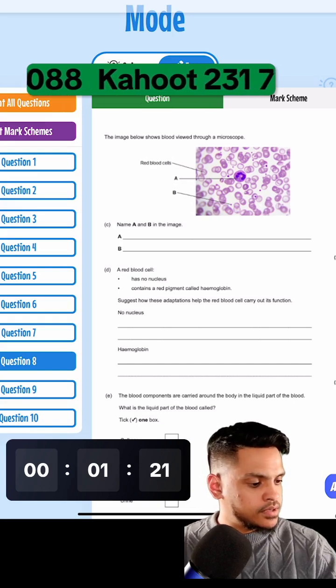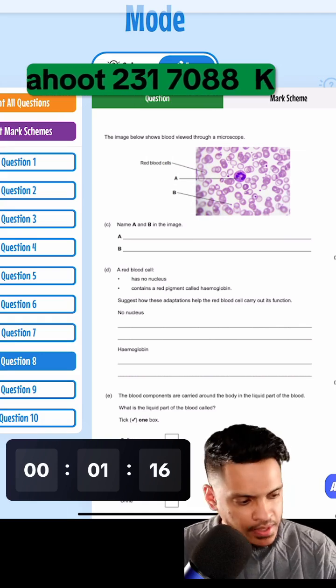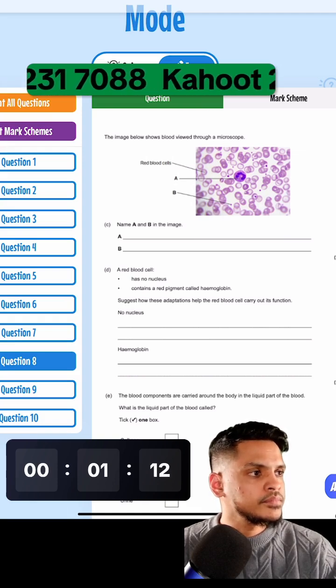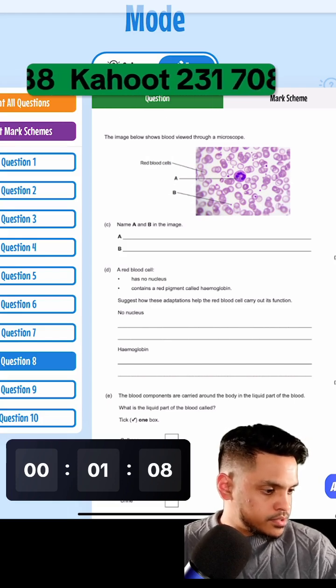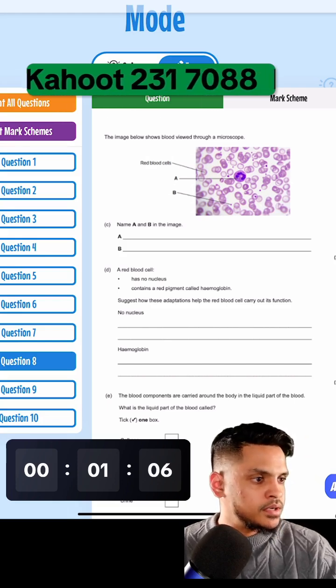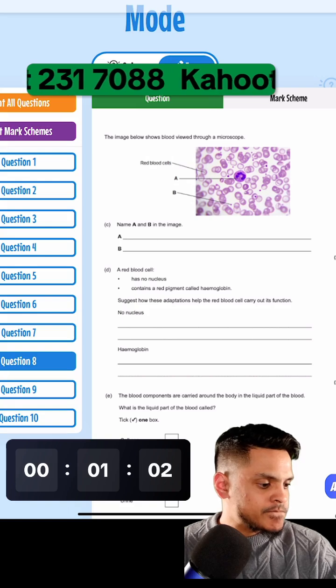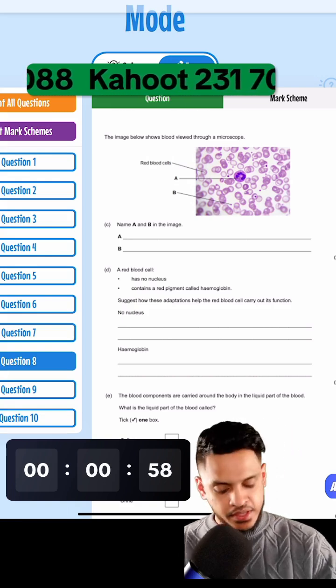What do you guys think they are? Name A and B. White blood cell, white blood cell. Some people saying plasma. Phagocytes. Yeah, it's a white blood cell.